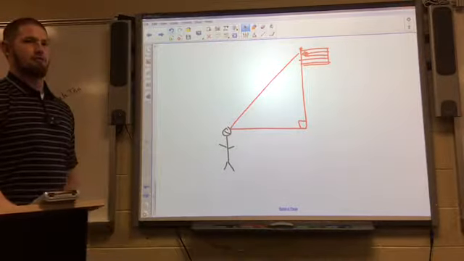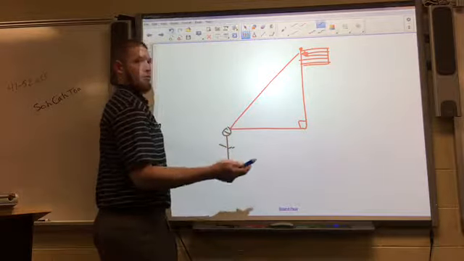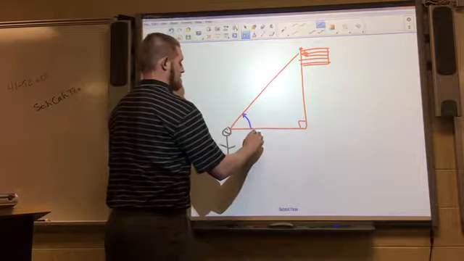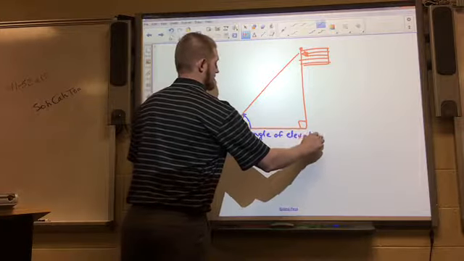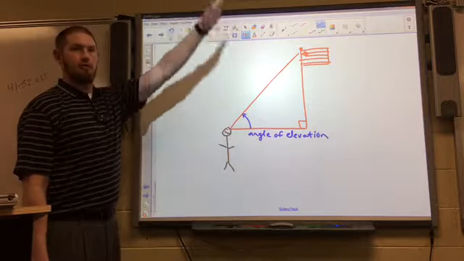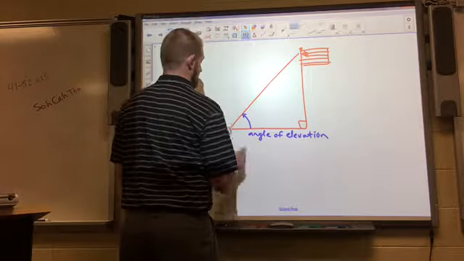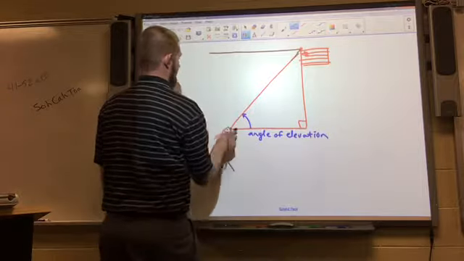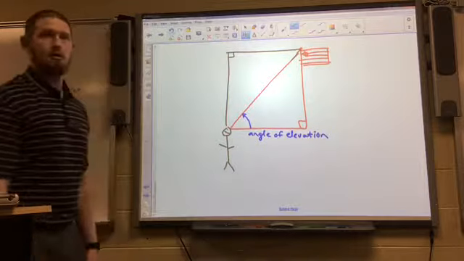We just have to understand some differences here, because on your homework it's going to use some of this terminology. This angle is your angle of elevation, because instead of going here, I'm going up. I'm elevating. You also have an angle up top, because there's another right triangle right here. Everybody see that one?